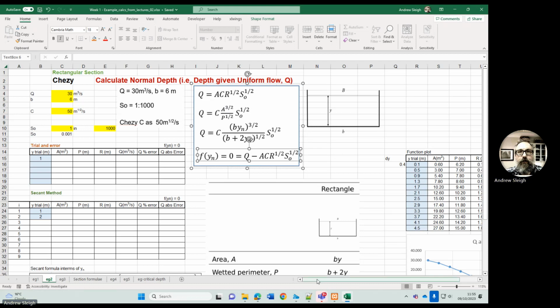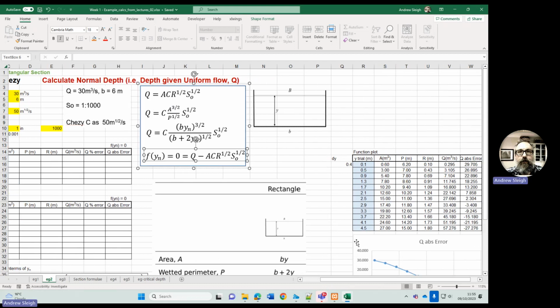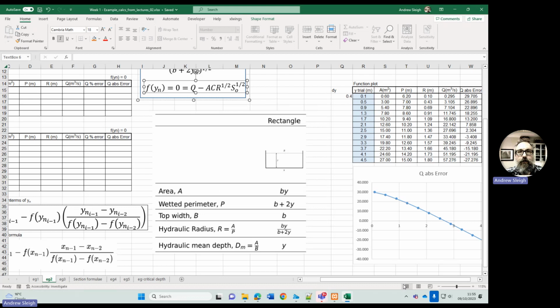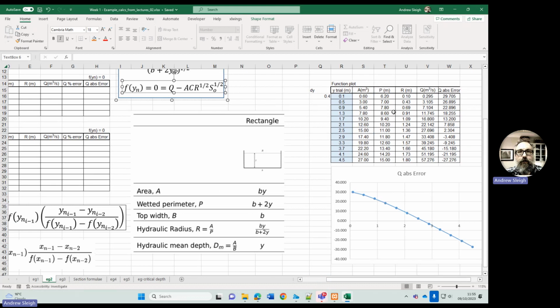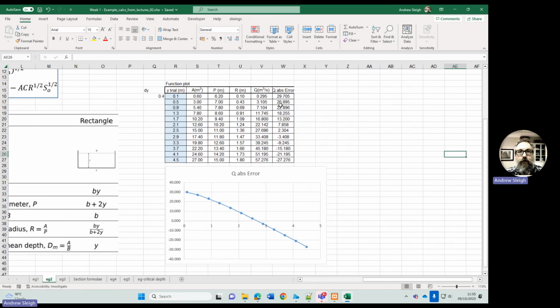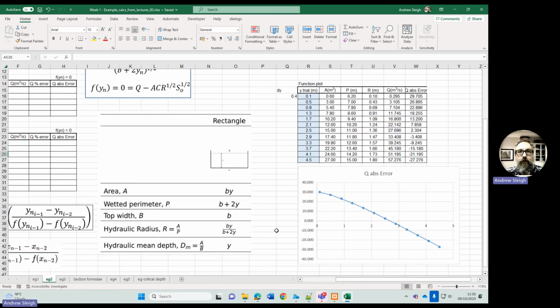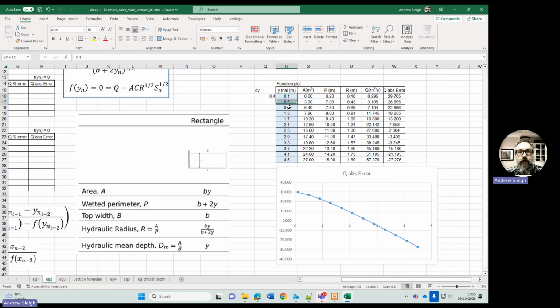Now, for this example, I'm just going to show how I've done that with the function. So looking at this function here, let's move that into the middle of the screen. I've plotted this function against some guessed values of y.